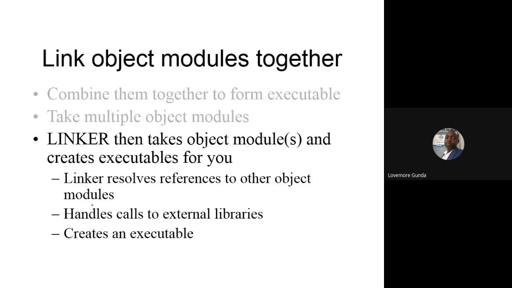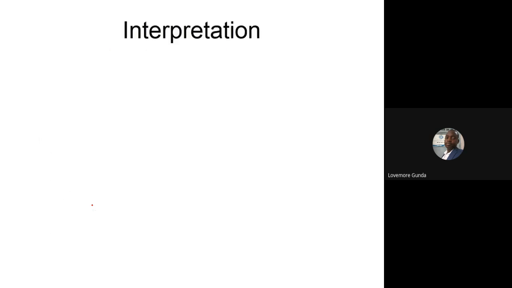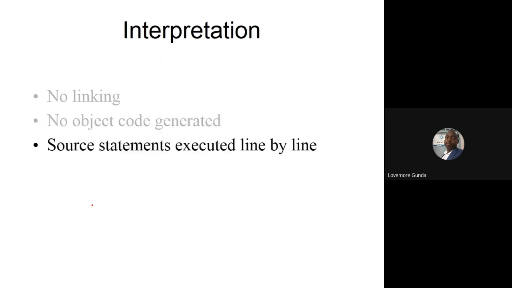file. Like I said, some of these things are no longer visible to you because of the programming platforms that we have. Then you go on to interpretation, or interpreted language. There is no linking and there is no object code generated, right? So in this case, the source statements are executed line by line.